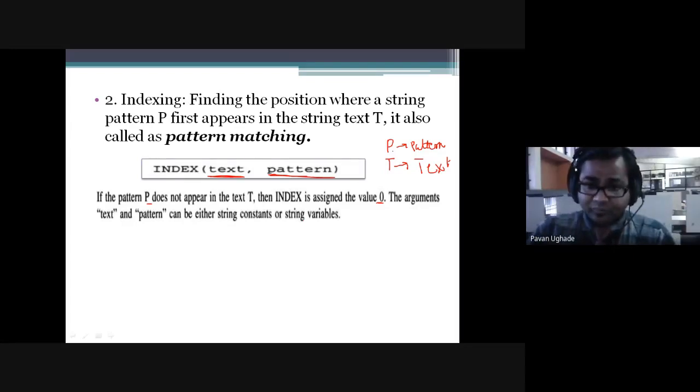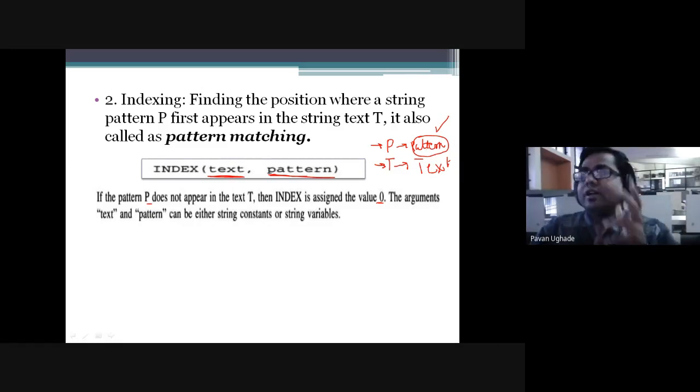The pattern is what we are looking for, and t is the given string from which we will find the pattern. If the pattern is a substring of the text, it will give me the position from where it starts in the text t.